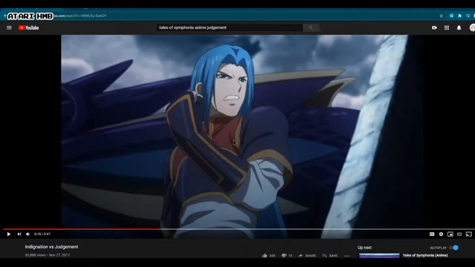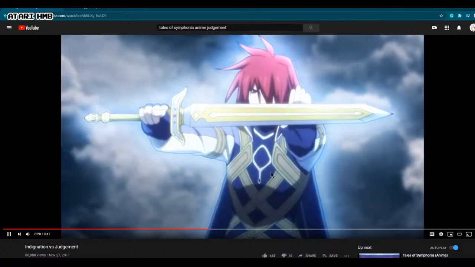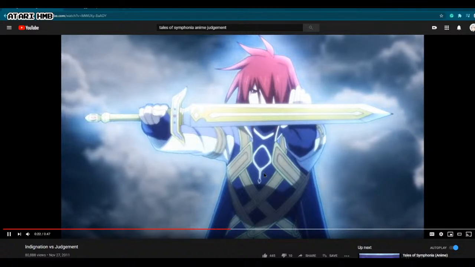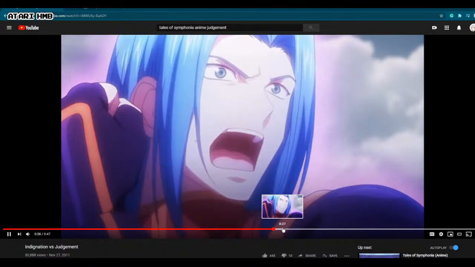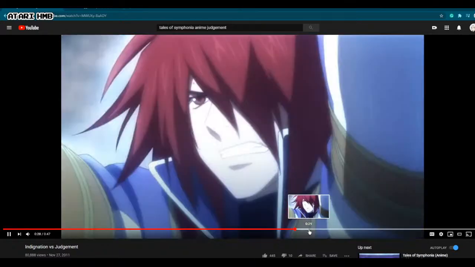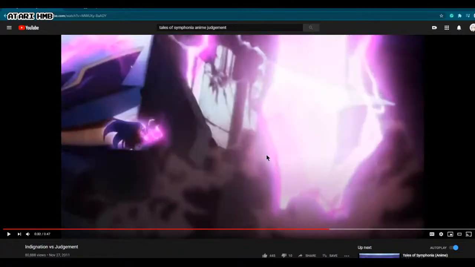So indignation, for those who don't know, is basically a really popular spell in the Tales of Symphonia games. So basically, judgment, indignation is literally lightning from the sky, from a summoned spirit in a sense. So we're not talking about basic strokes of lightning.